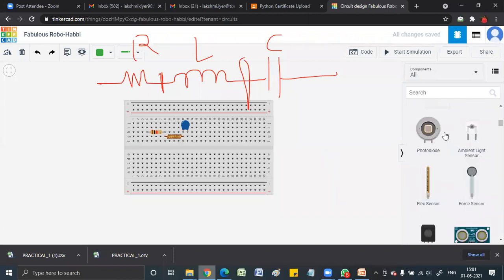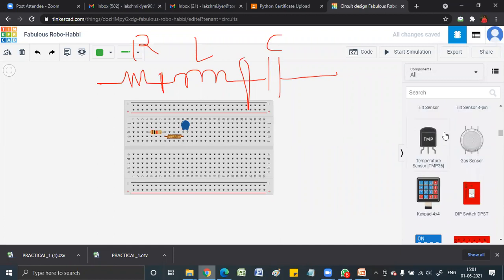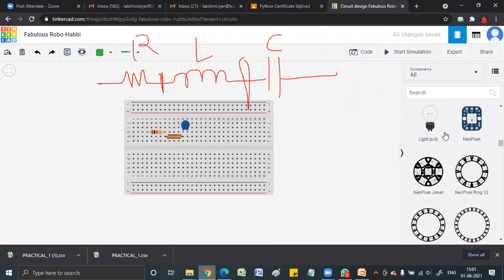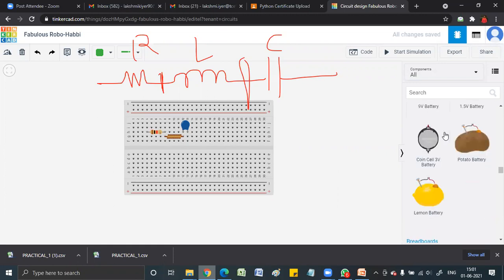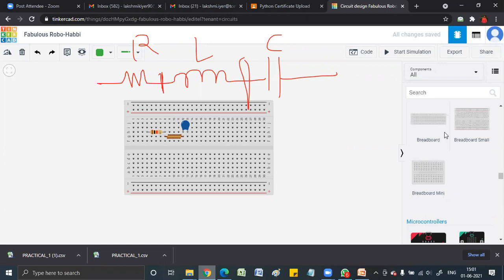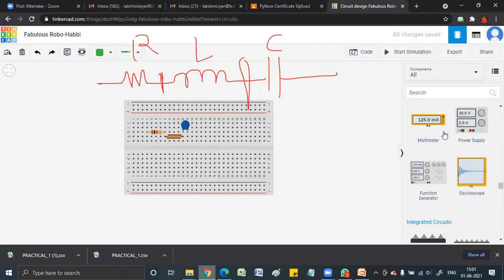Okay. So input. There is the input. What do I have to give? What is the input device? Function generator. So you just go down in the instruments. For DC we use power supply and multimeter.